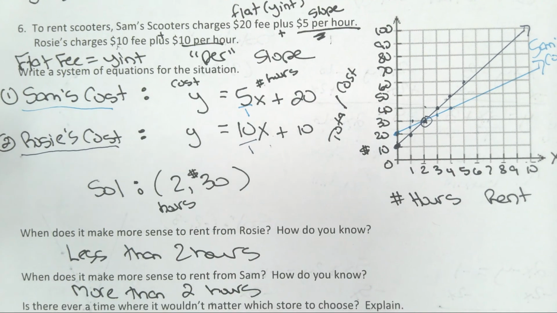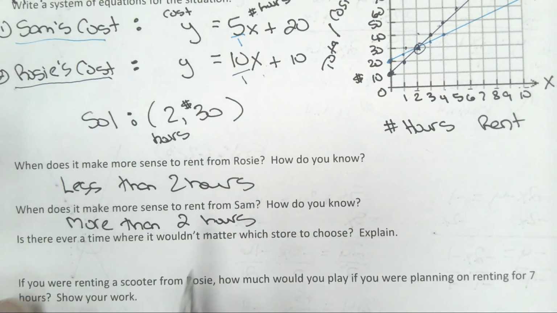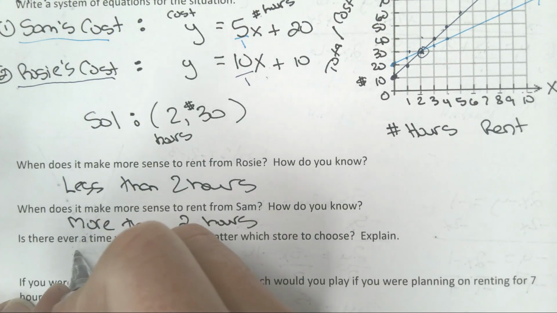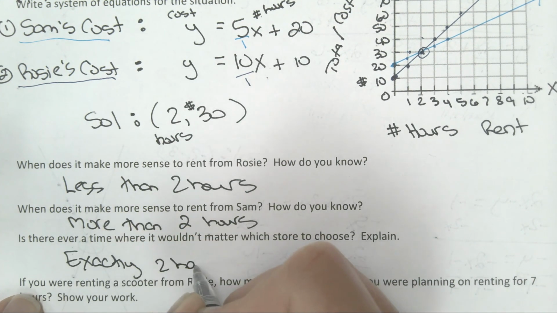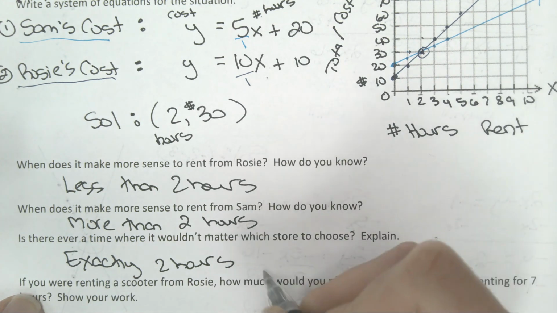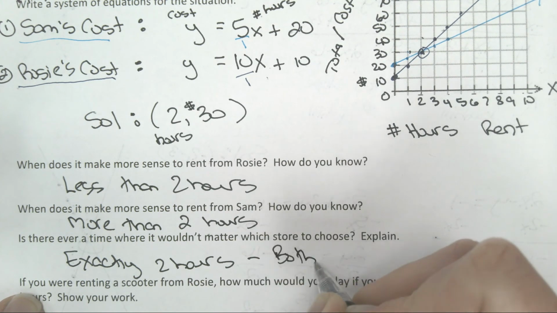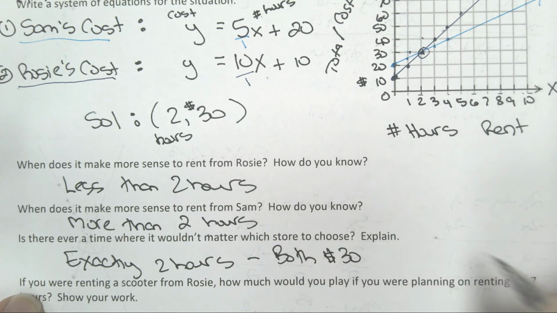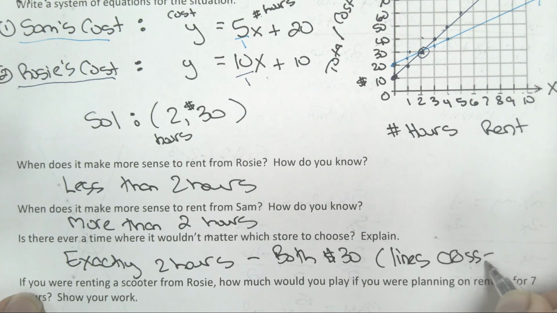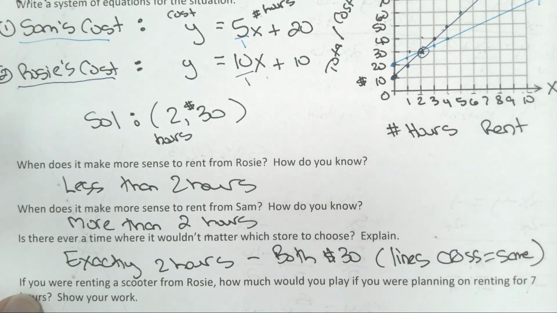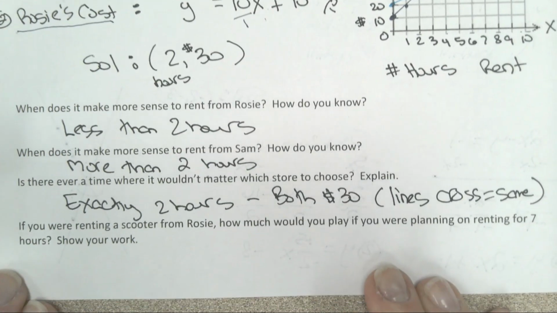Is there ever a time when it doesn't matter? Yeah, at exactly 2 hours, because they're both $30, and that's where the lines cross. So that's the point where their cost is the same.